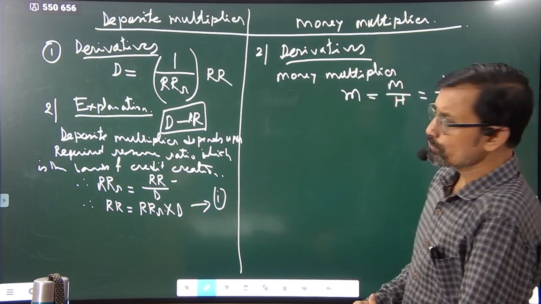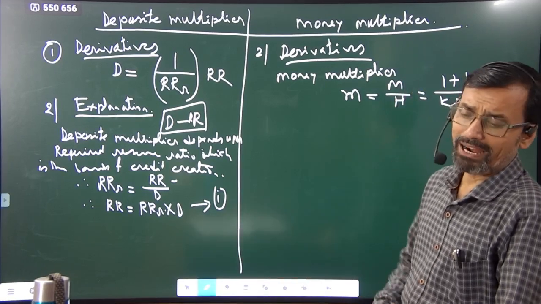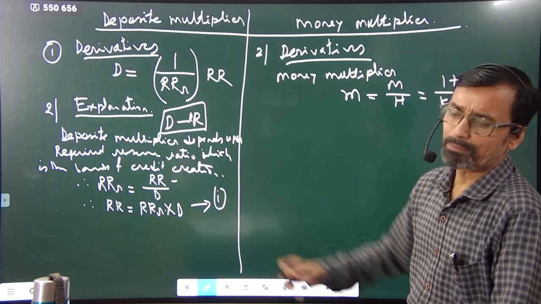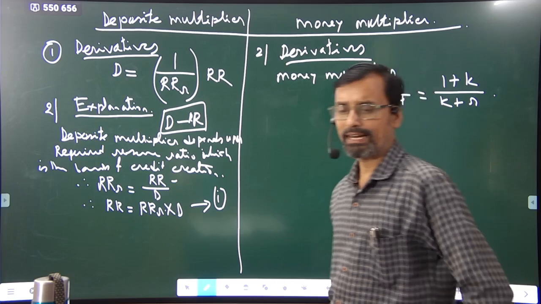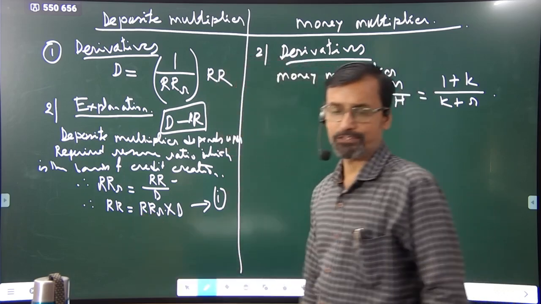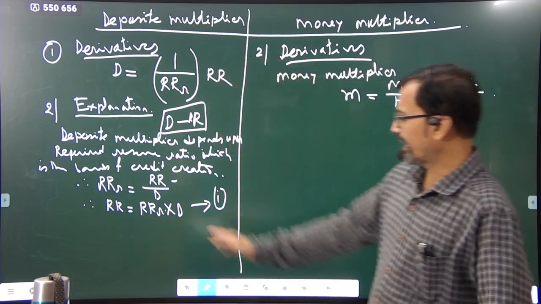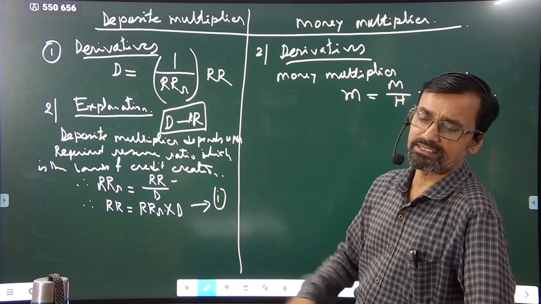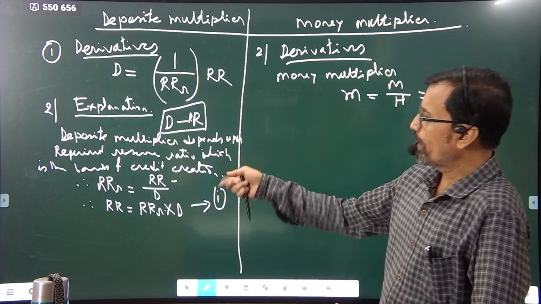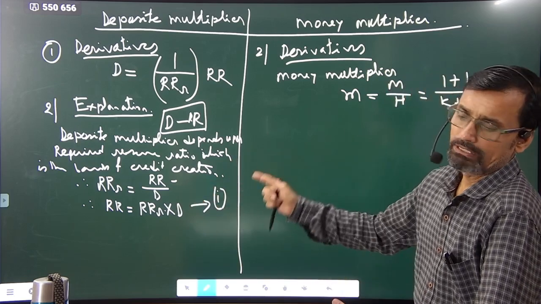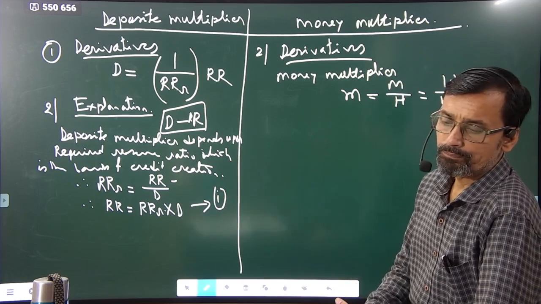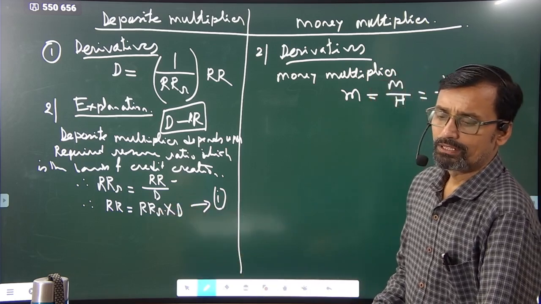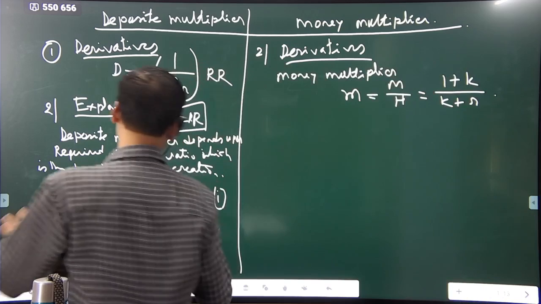Now in order to show that D depends on RR and the required reserve ratio, to show how this deposit depends upon the required reserve amount and required reserve ratio, we just divide the equation by the required reserve ratio on both sides.